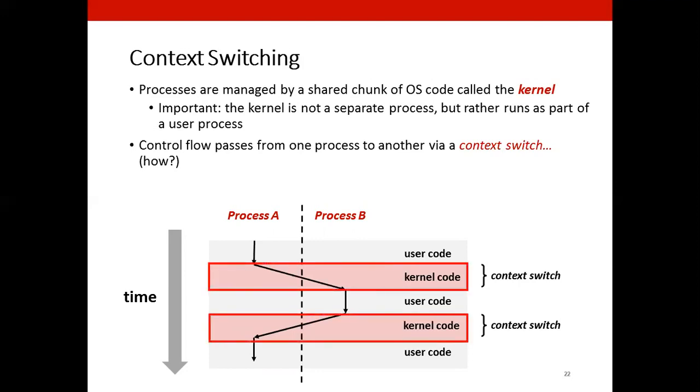The kernel will save the state of process A and restore the state of process B. Then process B runs until interrupted by the kernel, and then the kernel code executes and saves process B here and restores the state of process A here. This is actually what is meant by context switching. Let us go a little bit deeper into what actually is the context switch.